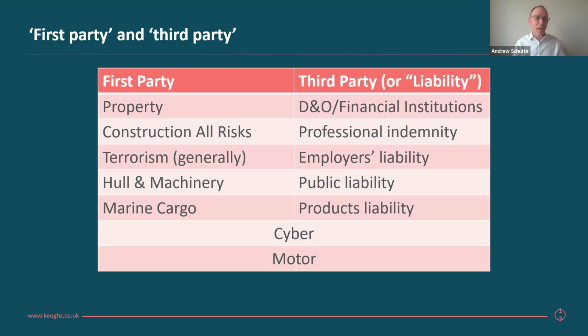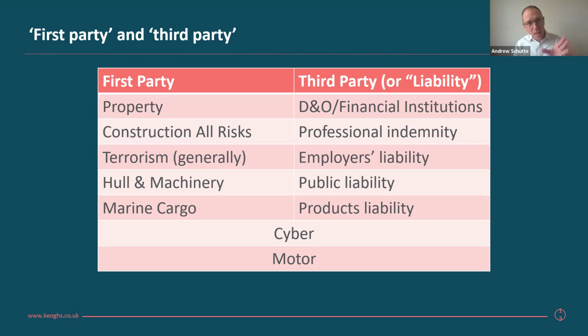So losses that arise as a result of normally physical damage, but it could be non-physical damage like COVID, let's just say. Losses that arise as a result of an insured peril or some other trigger. And they're all for the insured's own account. That's how come they fall into the first-party bucket.